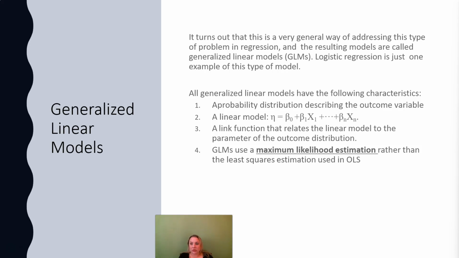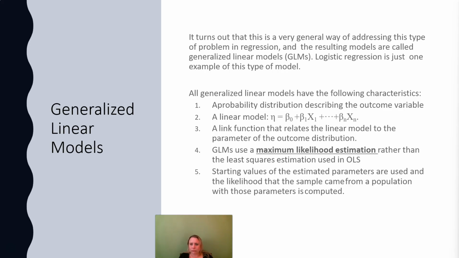Our GLMs do not use the same methods as ordinary least squares regression to minimize the sum of squared errors. Instead, we're using maximum likelihood estimation to estimate these values. The starting values of the estimated parameters are used, and the likelihood that the sample came from the population with those parameters is then computed.